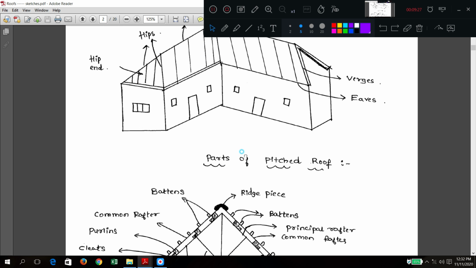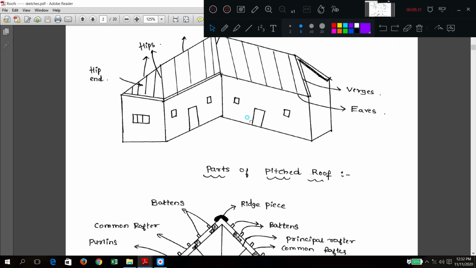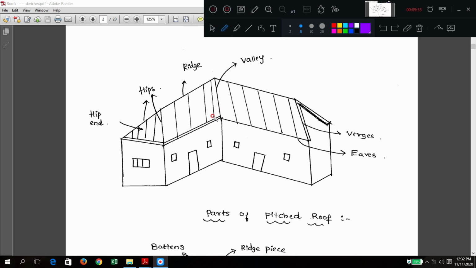It is the angle formed by the termination of inclined surfaces. This is one inclined surface, and that side is also an inclined surface. Wherever those two meet, that is called the termination, and at the termination you get the ridge. This is one slope, another slope; wherever they end, they form the ridge.